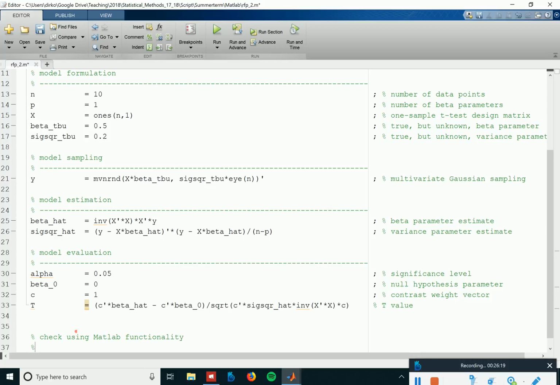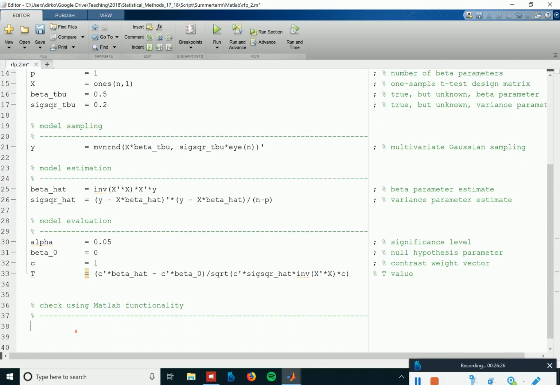Of course, we can also do this directly in MATLAB if we want, and just to make sure that we are doing fine. This is how you call a t-test in MATLAB.